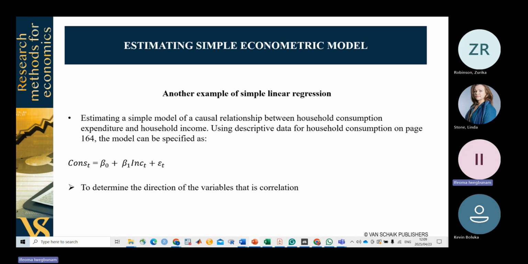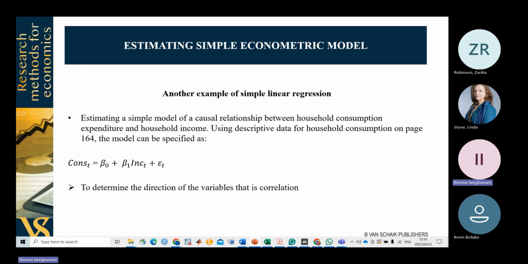So looking at this model specification here, you will see the household consumption and also the income, with income being placed as the independent variable, while the household consumption is the dependent variable. This will help us, when running the regression analysis, to be able to determine how the impact from income affects consumption, and by how much.